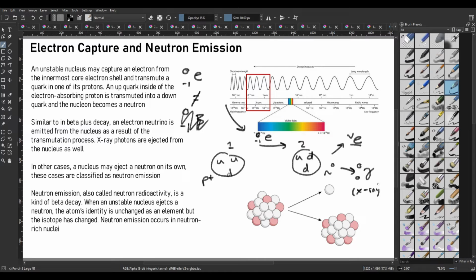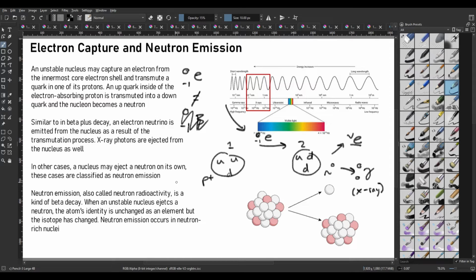An X-ray photon is emitted, again, because we have to follow laws of conservation. X-rays are right up there next to gamma rays. They've got pretty high energy, pretty high frequency, but not quite as extreme as gamma rays. But that is an electron capture: when a proton becomes a neutron because an electron from the electron cloud of that atom is sucked into one of those protons and it becomes a neutron through quark transmutation.